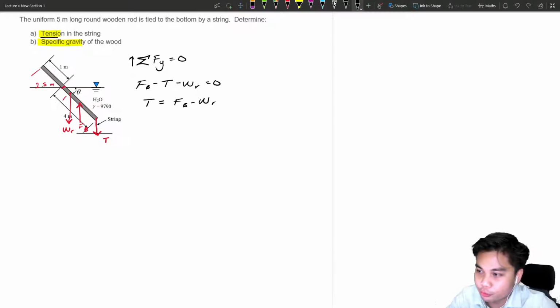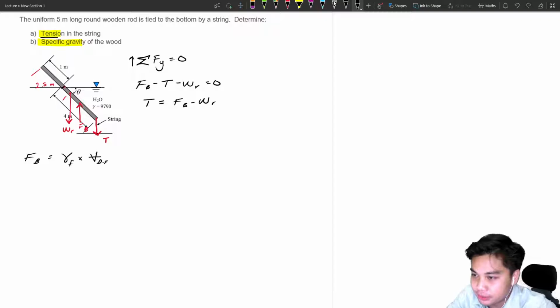So we make the tension the subject, which is equal to FB minus the weight of the rod. First we need to find FB. By the formula, FB is gamma of fluid multiplied by the volume of displaced fluid. Only this portion, from this part to this end, is 4 meters, so only this portion displaces the fluid.